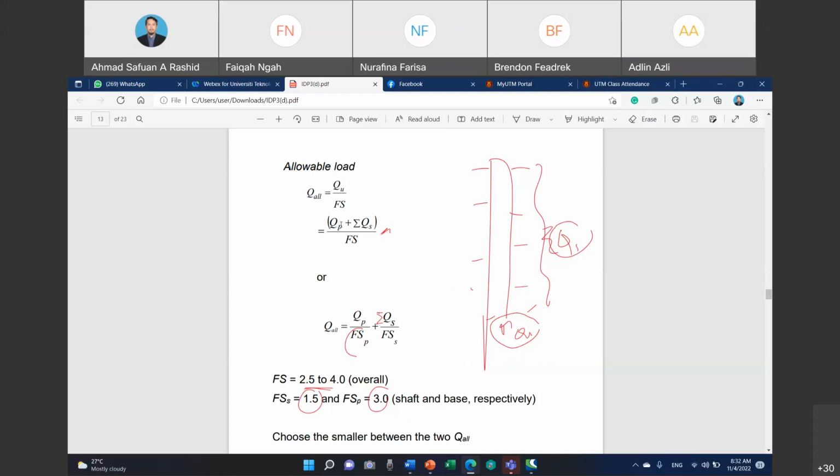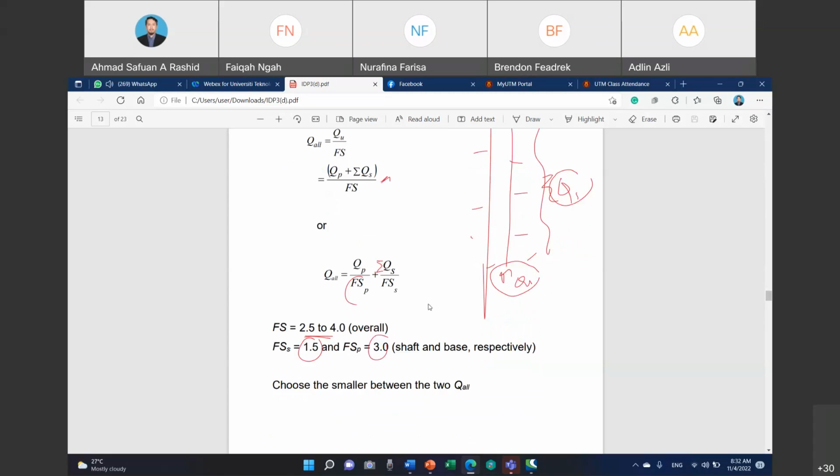So we have here QP plus the QS. QP is the end bearing, QS is the friction. So either you want to use the overall method, or you may divide into FS 1.5 for the friction and FS 3.0 for the end bearing. Untuk pengetahuan semua, yang ini bukan based on EC7.